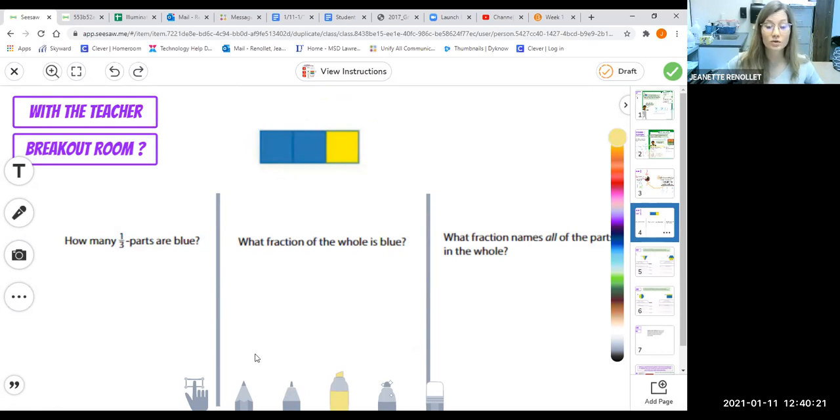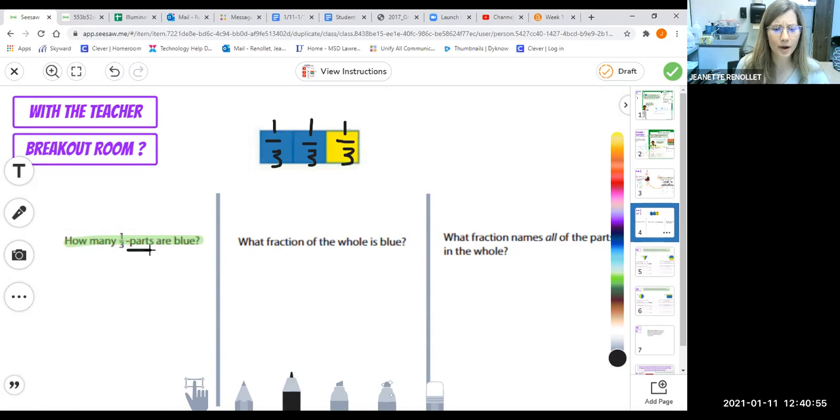Okay, now it's time for us to answer some questions using this model. Let's start all the way to the left with the first question. It says, how many 1/3 parts are blue? So we know that the unit fraction is 1/3 because it's divided into 3 equal parts.